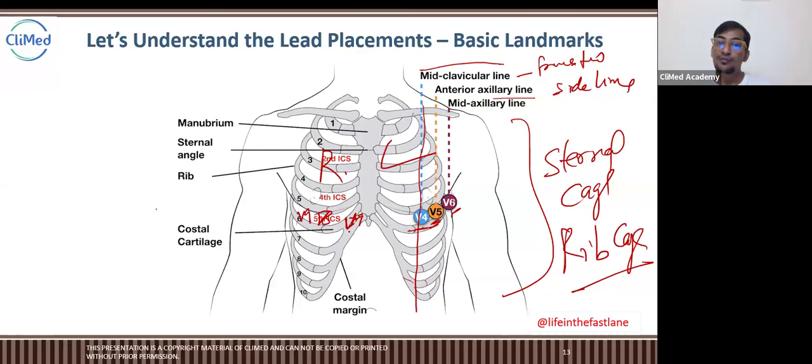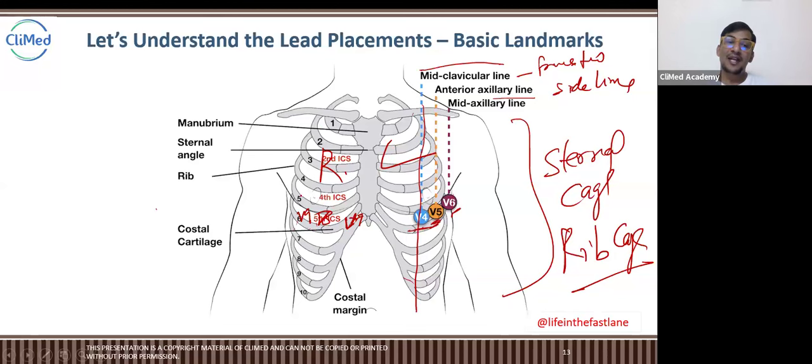It is just a mirror, as if you copy it from this side to this side. On the right side, mid clavicular is V7, anterior axillary is V8, and mid axillary is V9. These are the leads we usually attach.